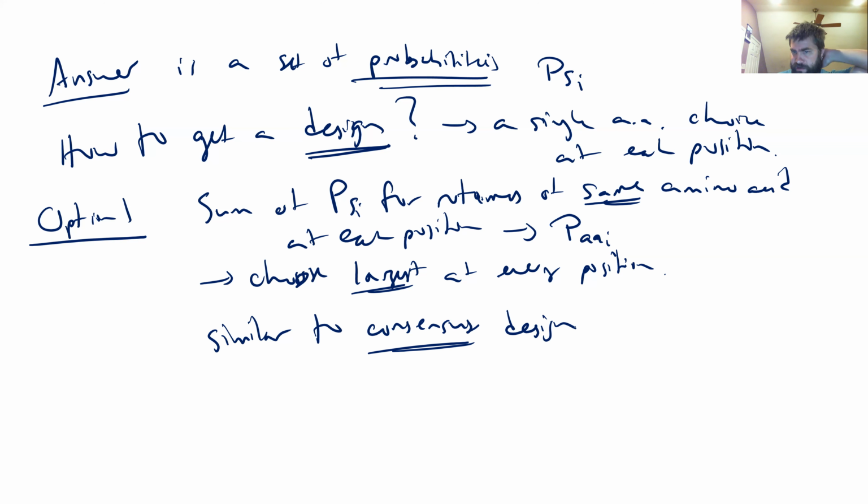If you take a family of proteins, align their sequences, and look at the most common amino acid at each position, the consensus sequence, and you make that sequence, it turns out those consensus sequences are usually quite stable.